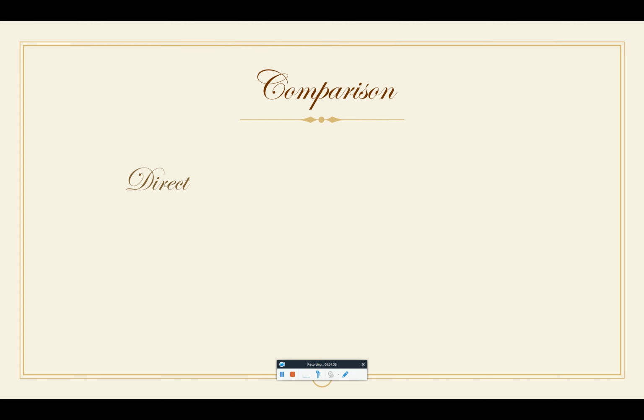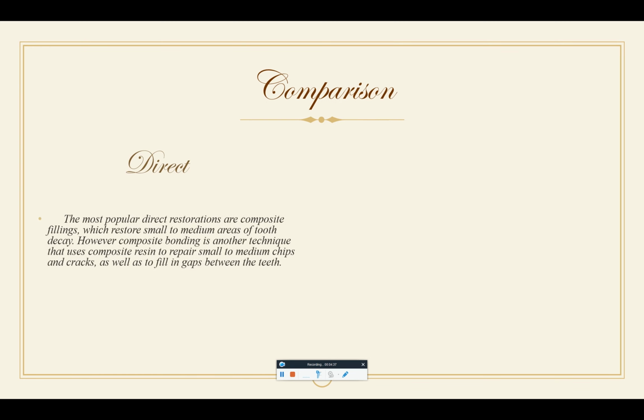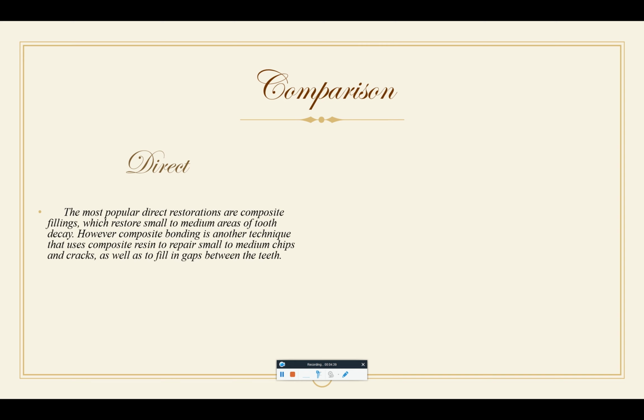Now, here is a comparison of the direct and indirect restoration. First, the direct restoration. The most popular direct restoration is composite, which is a filling that restores a small to medium area of tooth decay.